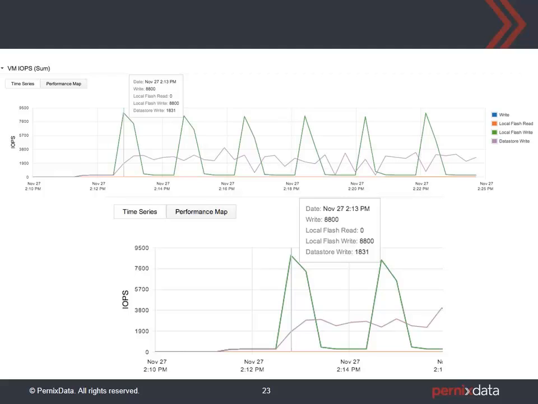Now I said before with the cache coherency, that was one of the things that blew my mind. This is actually the other one. Because what happens here is now you can start thinking about how your array should look. Because you don't have to design your array to take care of the spikes, what we used to do before.